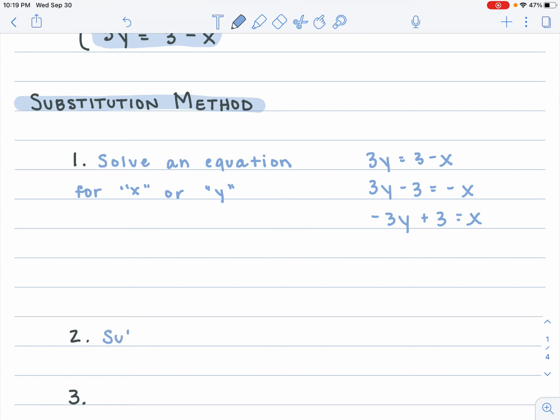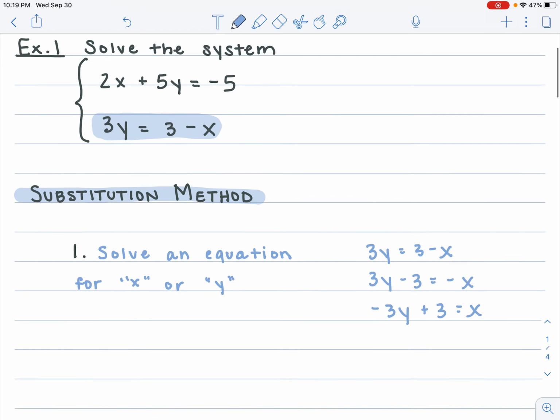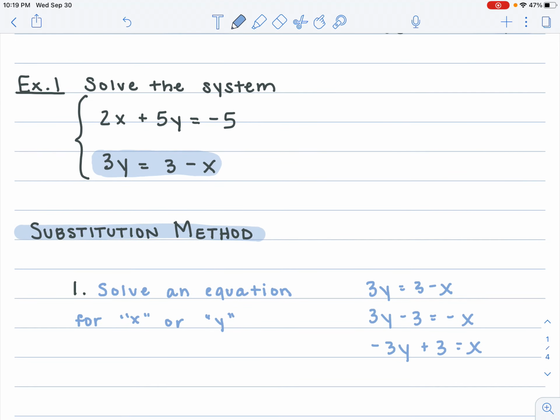All right, step 2, you're going to substitute that value into the other equation. So we got this from that second equation. We're going to take that first equation, 2x plus 5y equals negative 5.